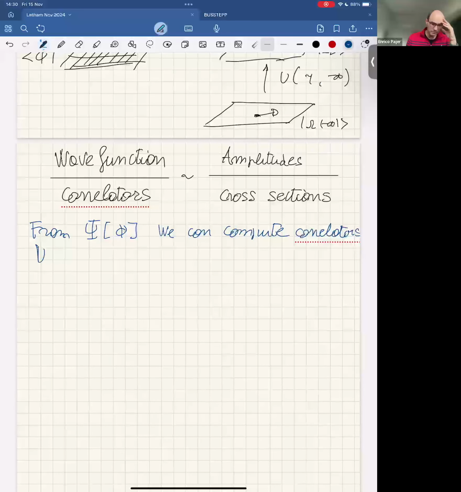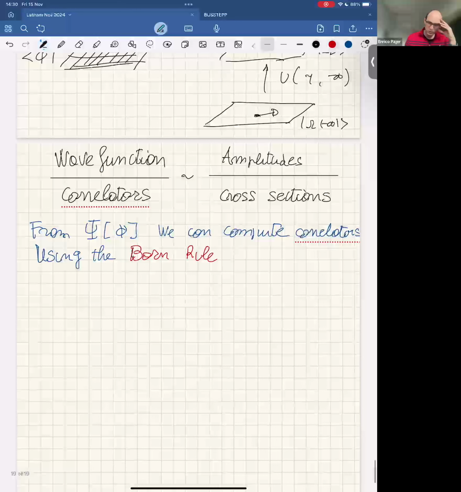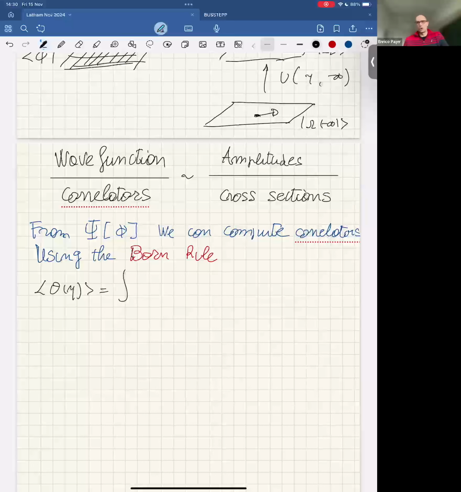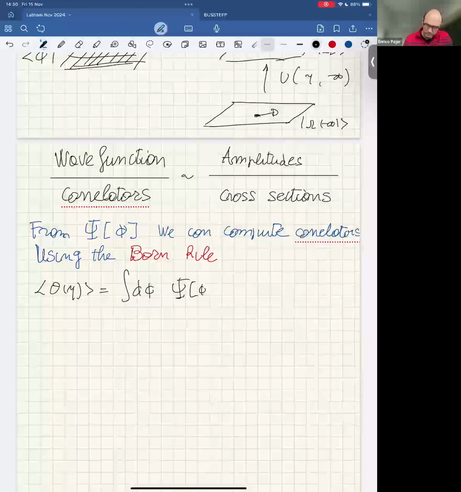Using the Born rule. Okay, that's something that I'm sure you have encountered in quantum mechanics. The expectation value of an operator, if you know what the wave function is, is just the average over all possible values of phi of the wave function, operator, wave function.